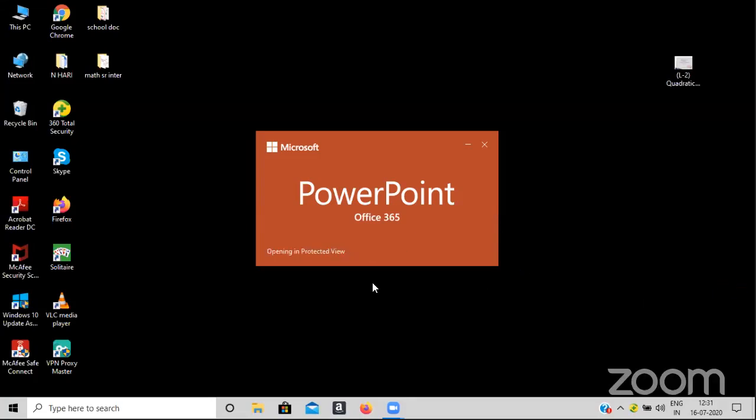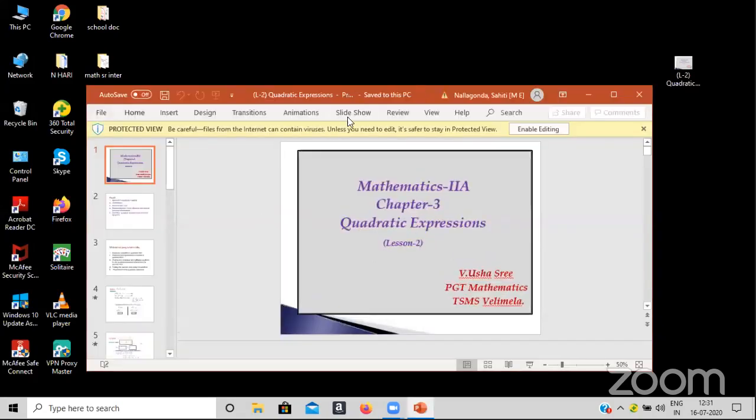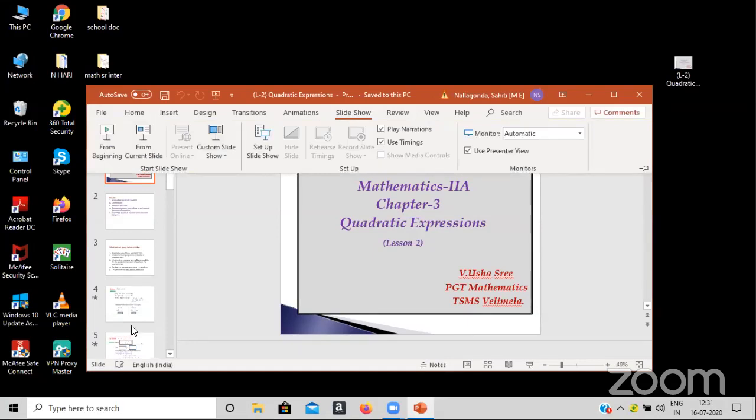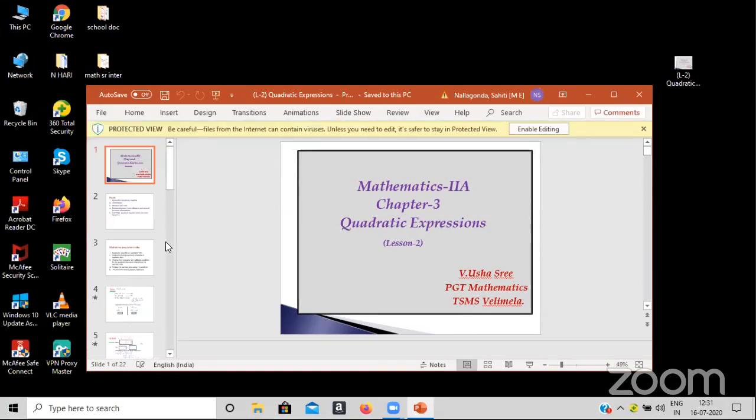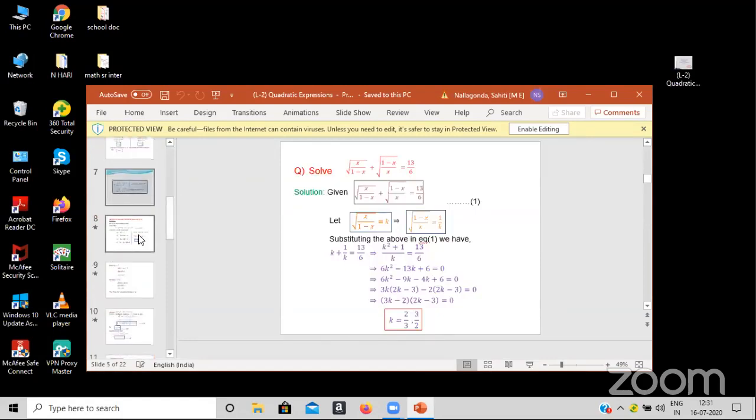So x minus 12 whole square is nothing but x square minus 24x plus 144 is equal to root x whole square. That root and square get cancelled, and you will be left with x. Now get that x also to your left hand side. You will have x square minus 25x plus 144 is equal to 0.